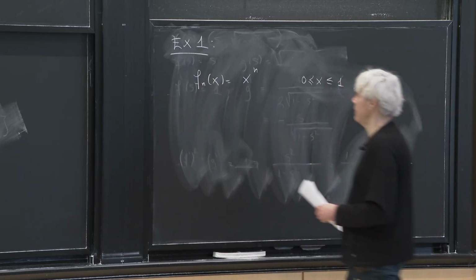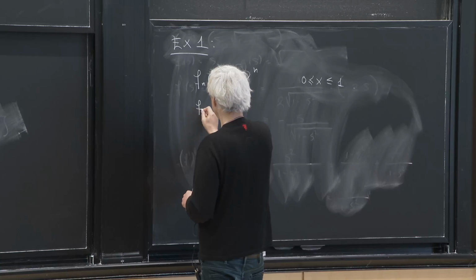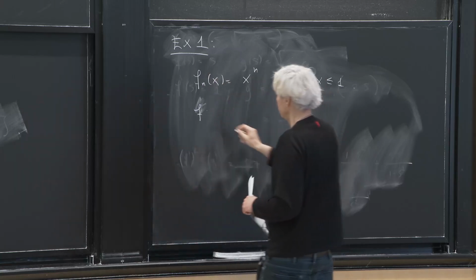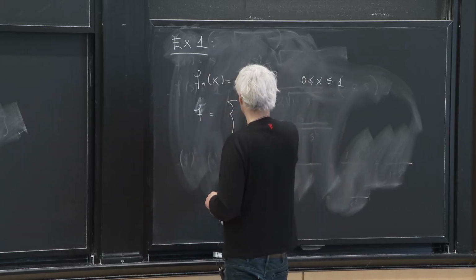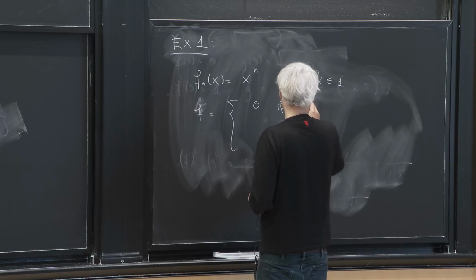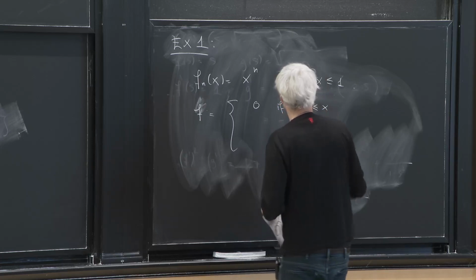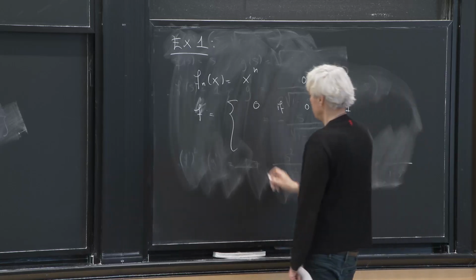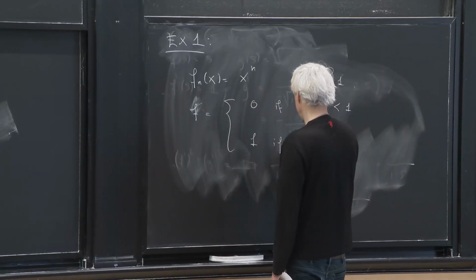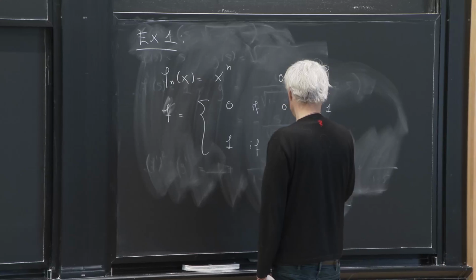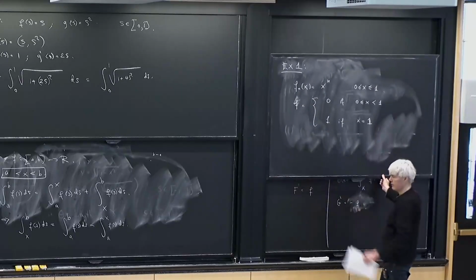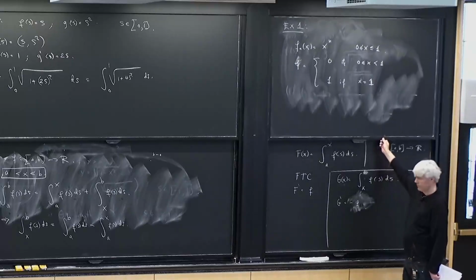And my function f, which is of course also a function on this interval, is equal to 0 if x is bigger or equal to 0 but strictly less than 1, and is 1 if x is equal to 1. Okay? So, of course, this function f is not continuous, the other ones are continuous.